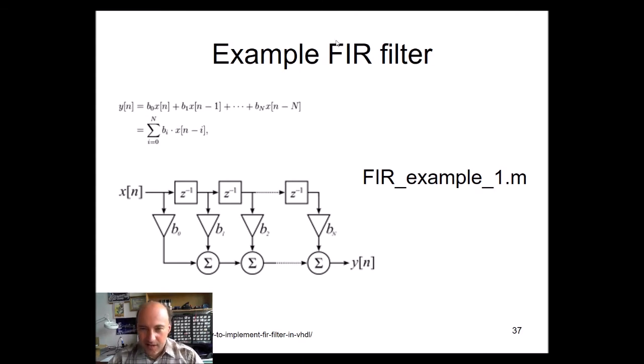And here this FIR filter means that the response of this kind of filter to the impulse function is finite. It means that after some given number of samples, there will be again 0 on the output.